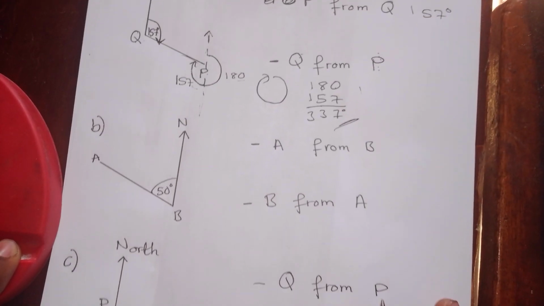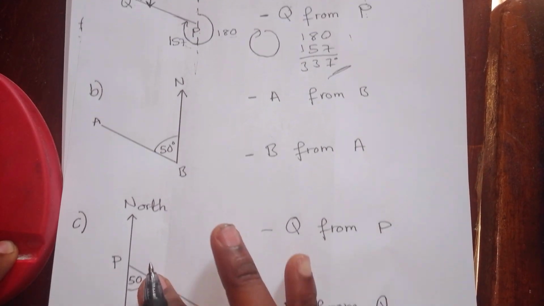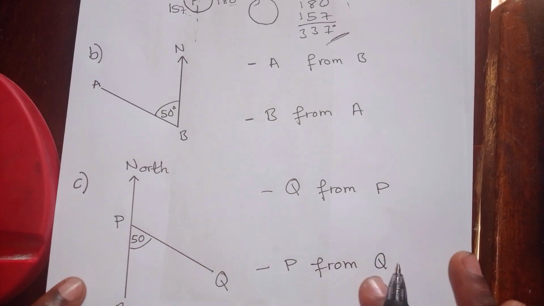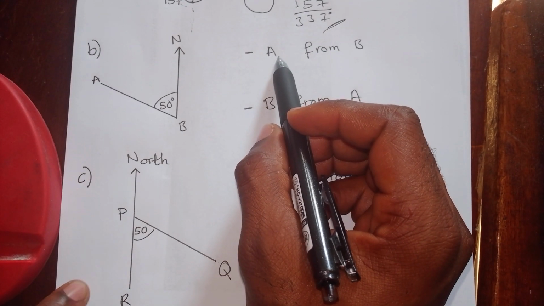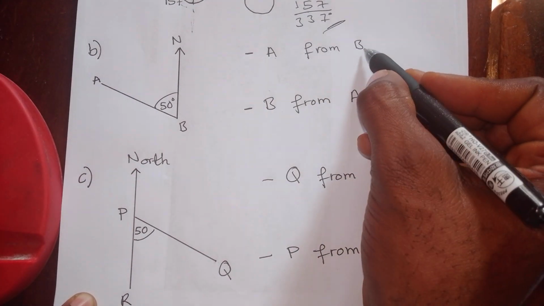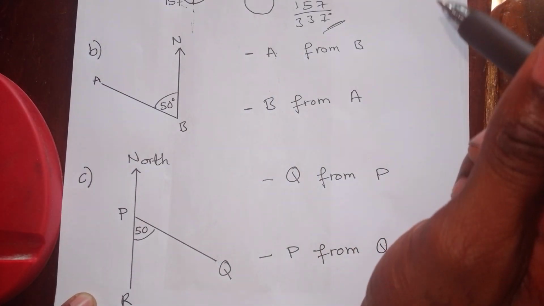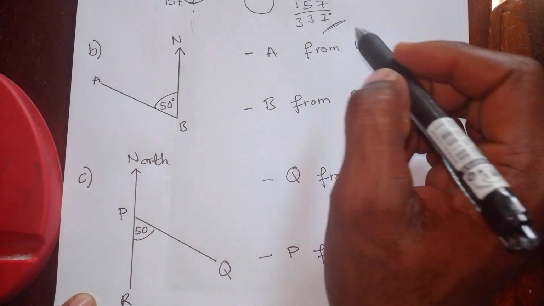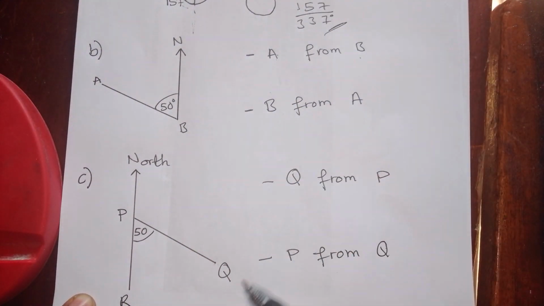So let's see what part B is requiring you and me to do. So here we want to state the bearing of A from B. So that means you are coming from B going to A. So what you do is you go to B, like I said earlier, and then draw an imaginary north line.